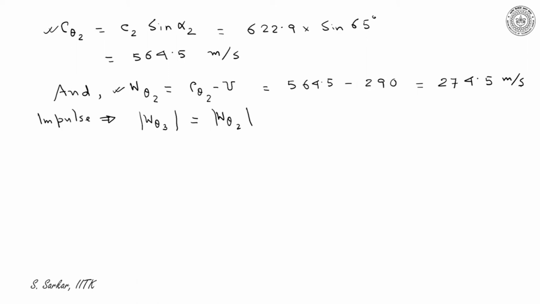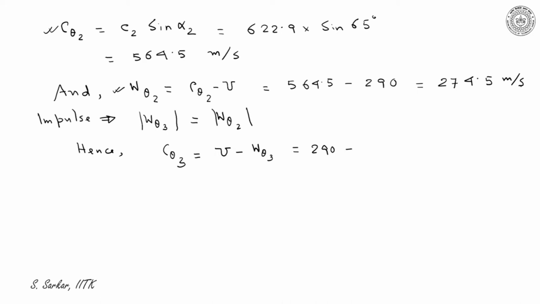So hence I can say C theta 3 from velocity triangle is equal to U minus W theta 3, that is equal to 290.